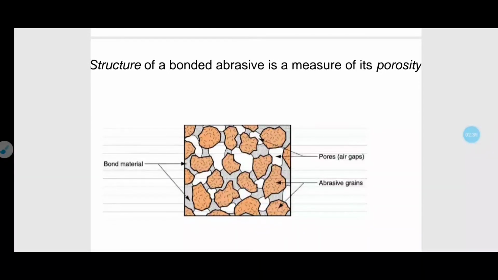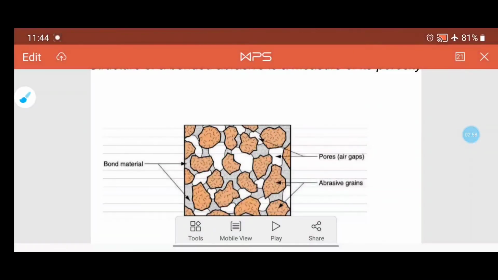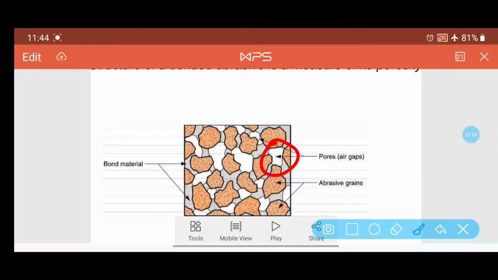Next one is the structure of bond. The structure of a bonded abrasive is a measure of its porosity. That is, small holes will be there in the abrasive. If I draw it, I can show you. See, these are the pores, small gaps in the abrasive, and these are called the abrasive grains, and this is called the bond material.